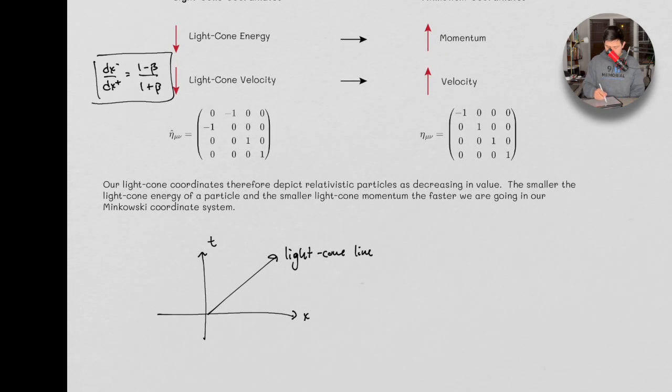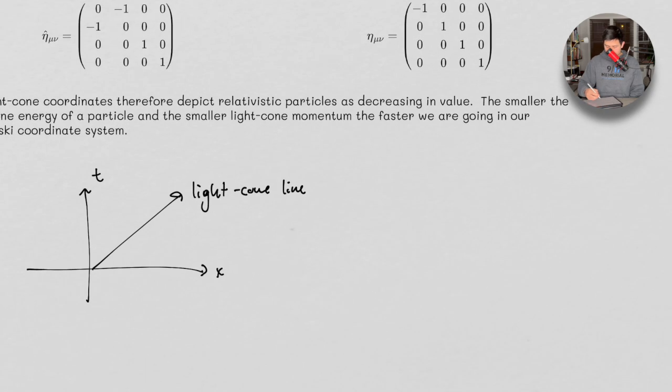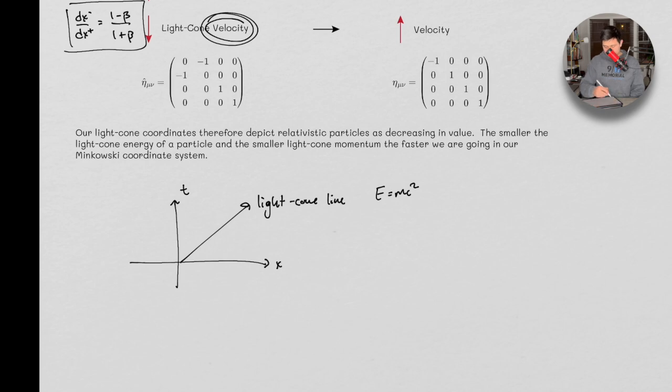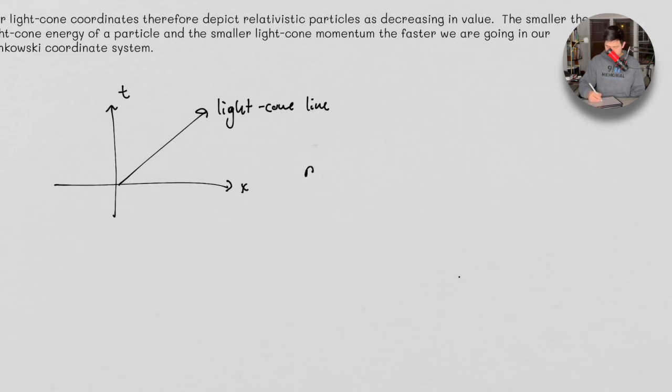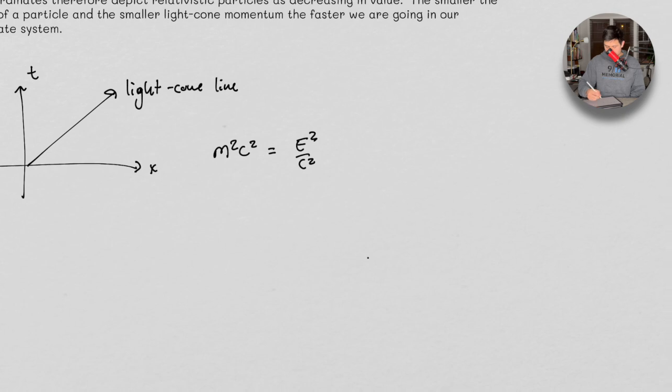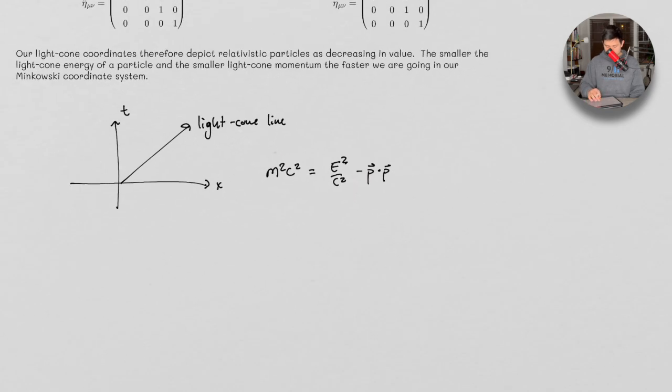As particles become faster, let's look at our relativistic energy again: m squared c squared equals E squared over c squared minus p dot p. That's our relativistic energy. If our momentum is zero, then we just get E equals mc squared.